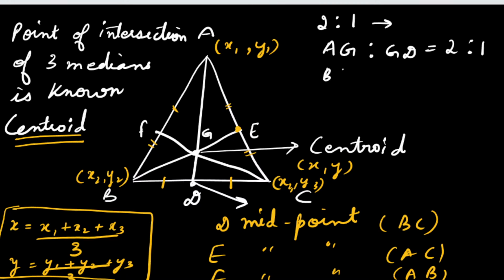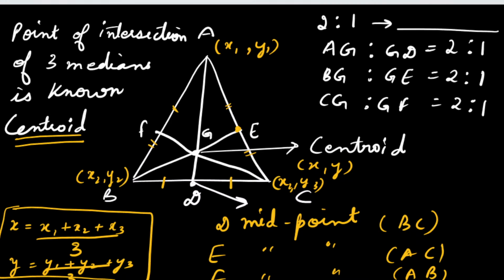Same way BG is to GE is equal to 2 is to 1. And CG is to GF is also equal to 2 is to 1.